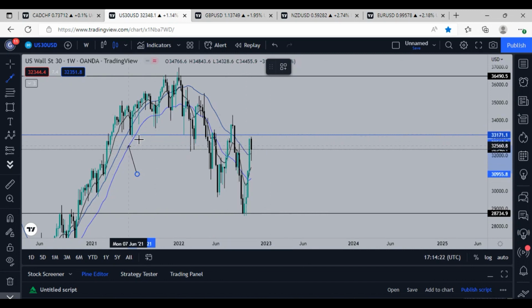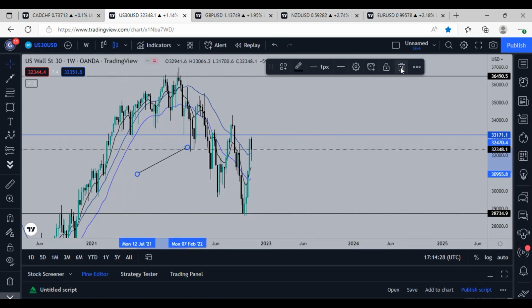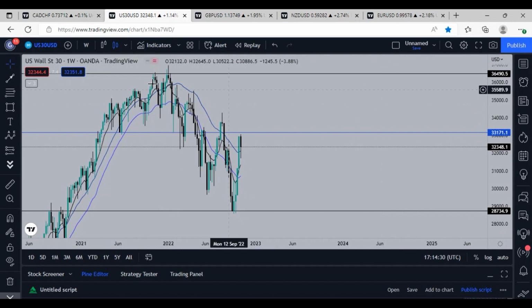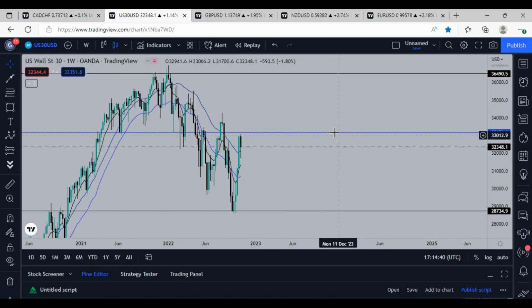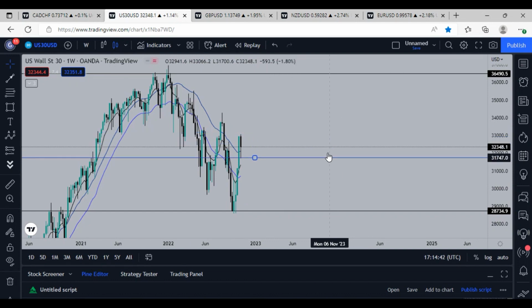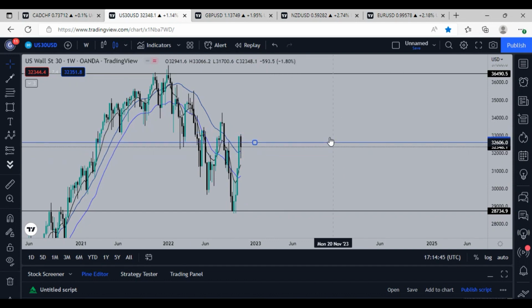Number one. Number two, this was a level where price broke out and retested, so that is an important level for me. Very, very important. If we could just see something. And again, it is near a psychological level.